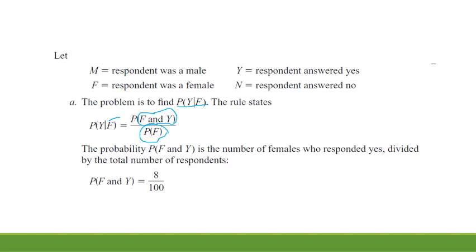Okay? So the probability of having a female and a yes is the number of females who responded yes. Take note, in the previous slide, it is the total number in the table. If you look back at the table, the number is 8 and the total number of respondents is 100.